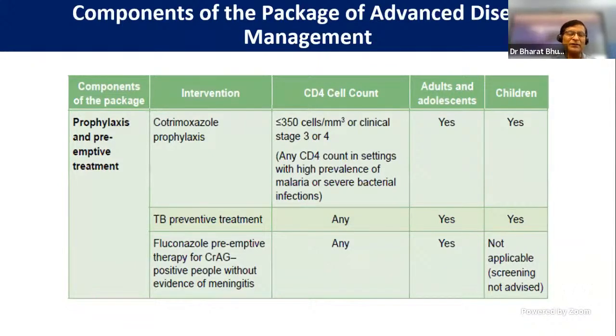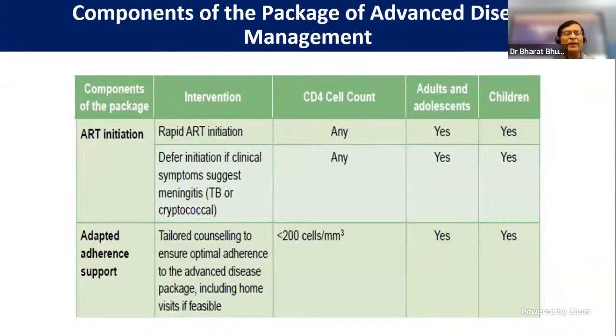If cryptococcal antigen is not available, we provide fluconazole therapy for all those who have a CD4 count less than 100. Rapid ART initiation should be provided to all people, whether adults, adolescents, or children, at any CD4 count. But we can defer if there are clinical symptoms or signs suggestive of meningitis, either tubercular meningitis, where we defer by 2 weeks, or cryptococcal meningitis, where we defer until the full course of cryptococcal maintenance therapy has been given.